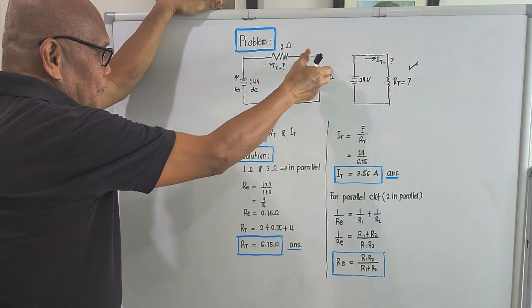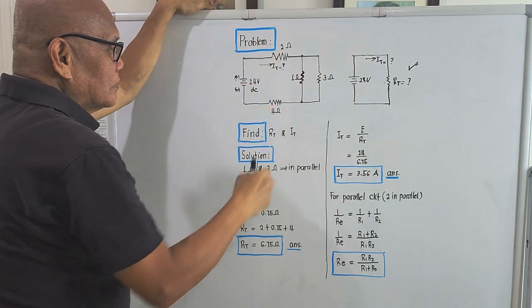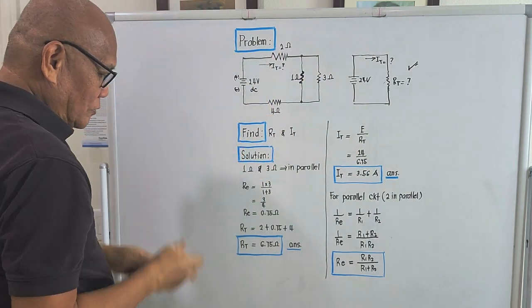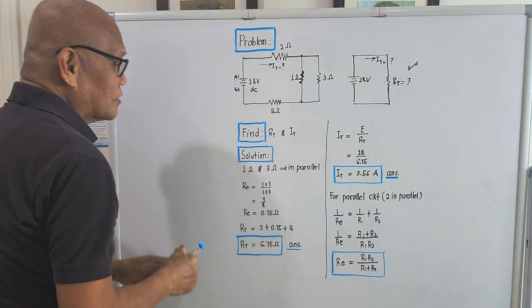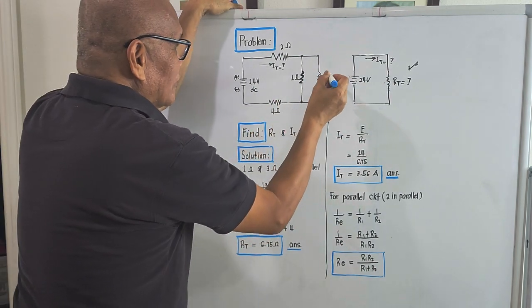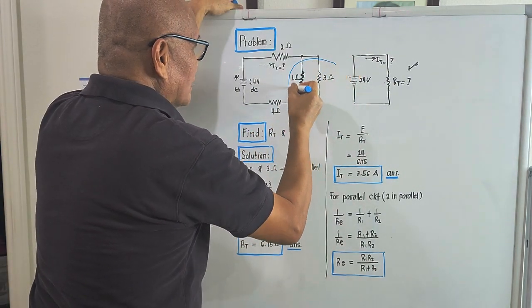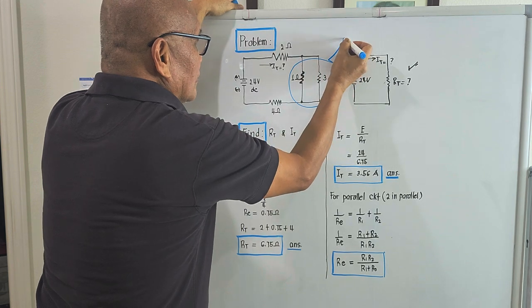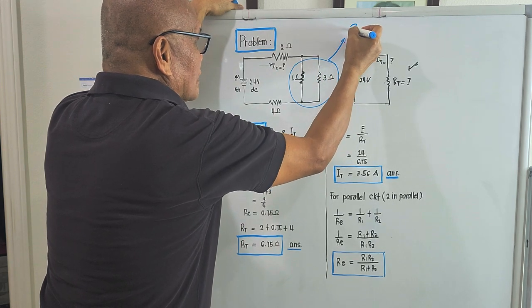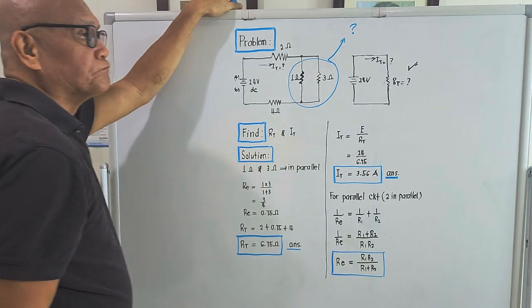To compute the total resistance, we first have to simplify this portion here. We will start at the far end, this one. What will be the single equivalent of this one?